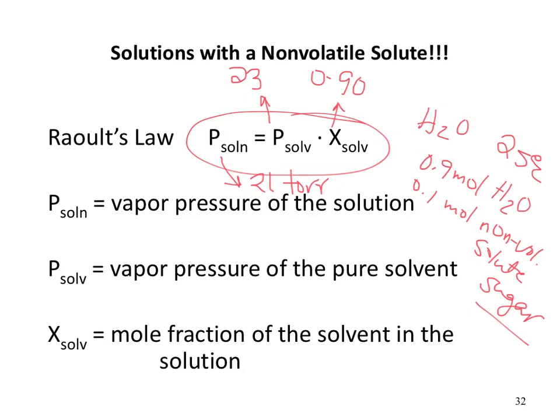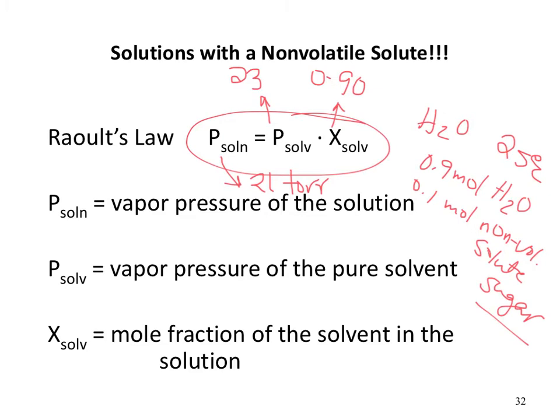So one can safely say that essentially if you wanted to find out how much the vapor pressure is lowered by the presence of a certain solute, you are looking at this lowering using what we refer to as Raoult's law.